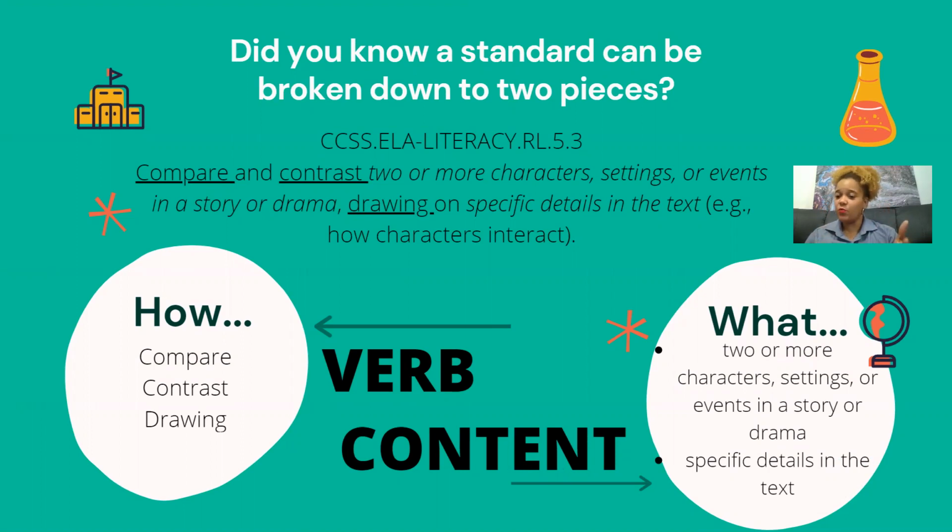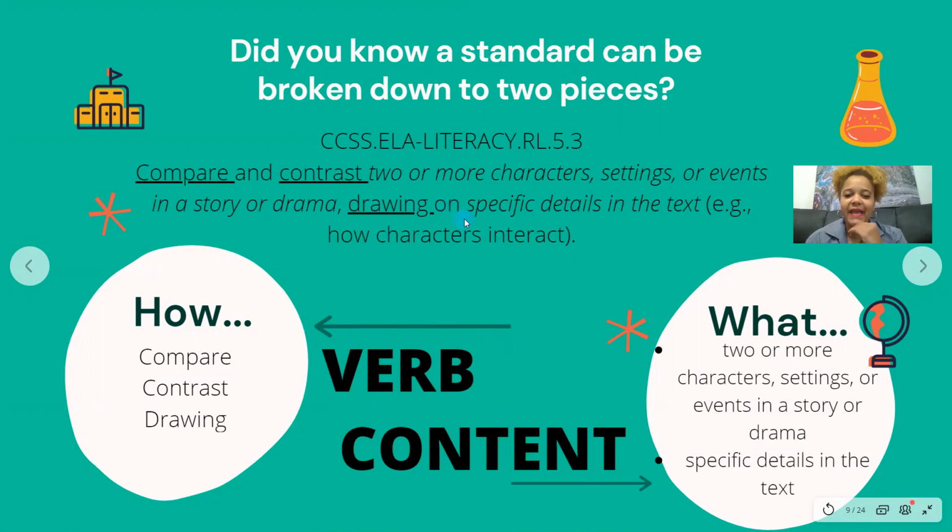So here's a standard we just finished talking about, the literacy RL 5.3: compare and contrast 2 or more characters, settings, or events in a story or drama, drawing on specific details in the text of how characters interact. It can be broken down into the verb and the content, or I will say the skill set.